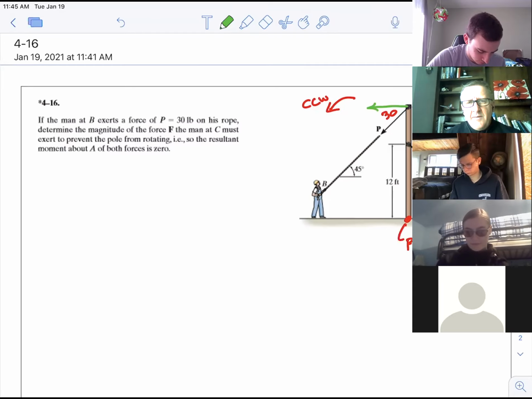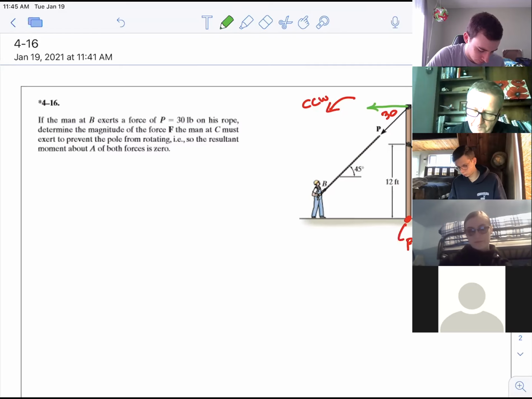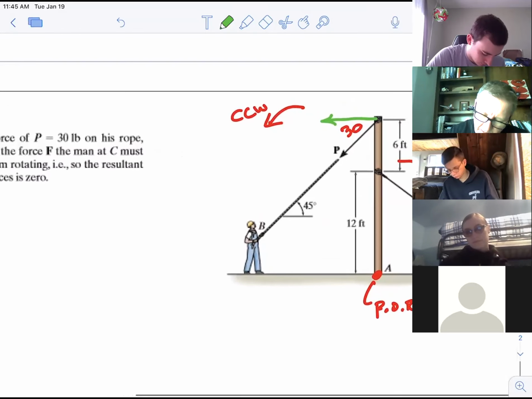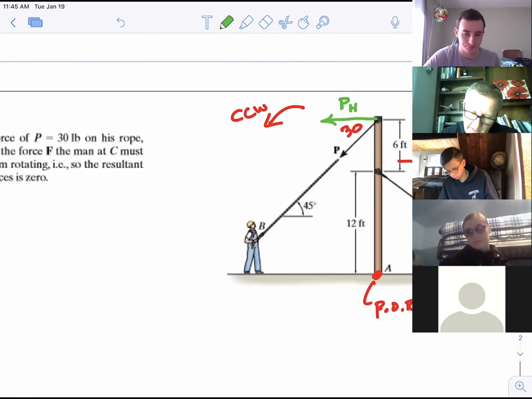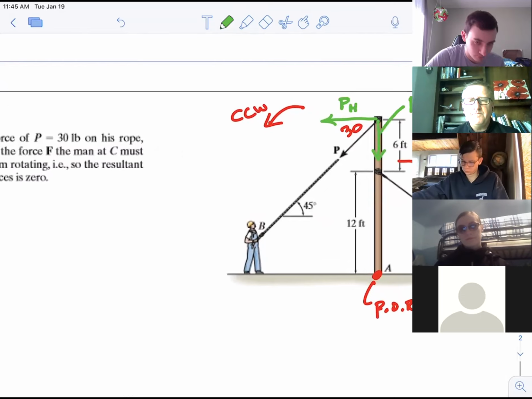By the way, when I hire an engineer to do the calculations on my houses, one of the things that has to get turned in is their calculations, and people need to be able to read them to check them. So since that's P, I'm going to call this P horizontal, and this would be P vertical. Do you agree with that?